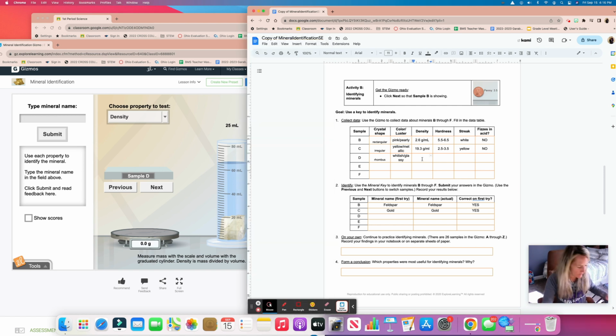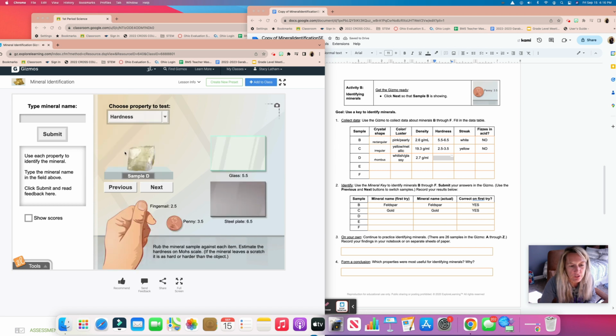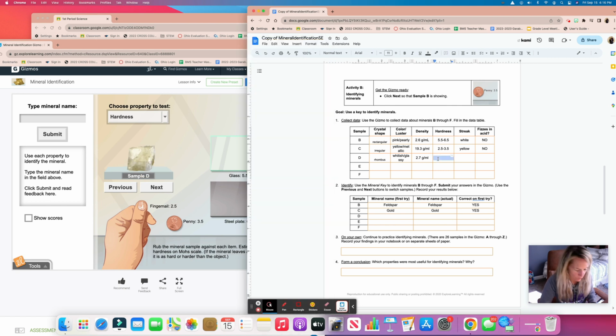So the density is 2.7 grams per milliliter. All right, next let's check the hardness. It definitely scratches a fingernail, so it's harder than a fingernail. Oh, no scratch on the penny. So it has to again be between a 2.5 and a 3.5.